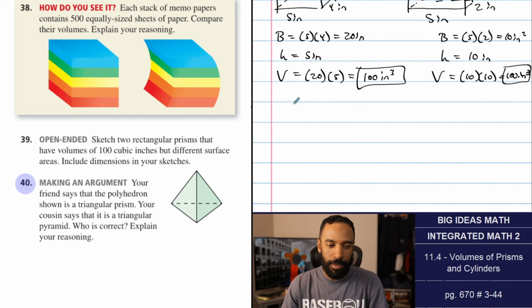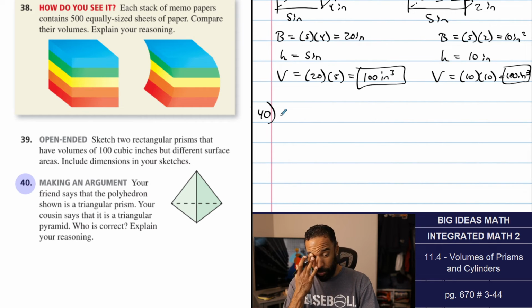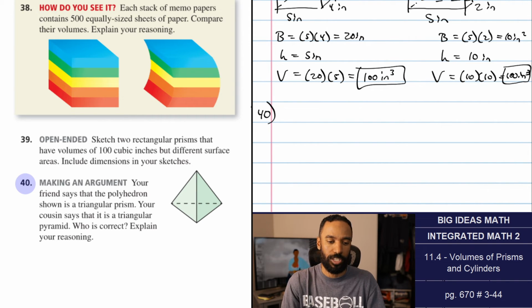All right, number 40, making an argument. Your friend says the polyhedron shown is a triangular prism, correct? No, triangular pyramid. Your cousin says it's a triangular pyramid. Oh, there it is. Pyramid. Who is correct? Explain your reasoning. Your cousin is correct.